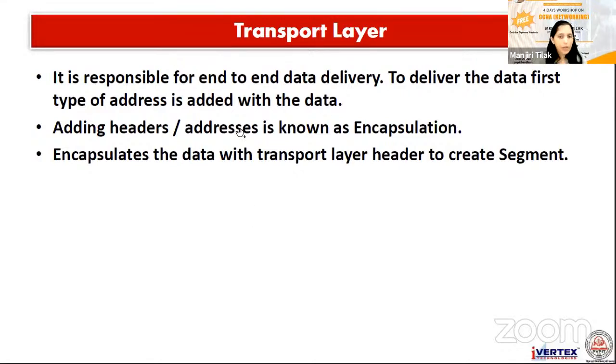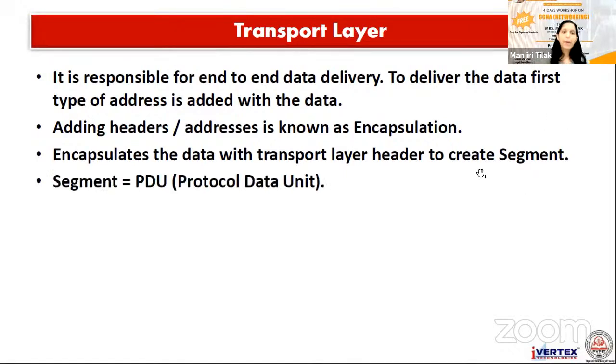Okay. So now, whenever the transport layer adds one type of header to your data, the data is converted into a new form, and that form is known as a segment. So a segment is nothing but a PDU. Now PDU means what? Protocol data unit. Data with some kind of header added to it, right?